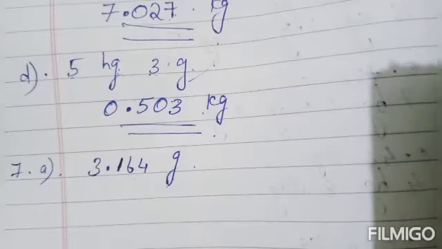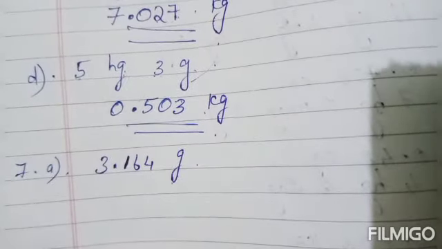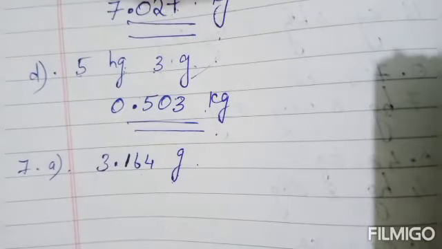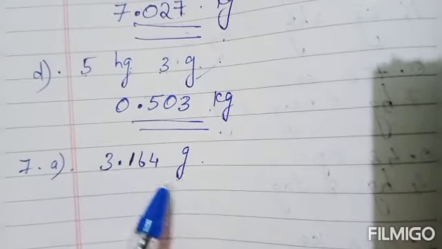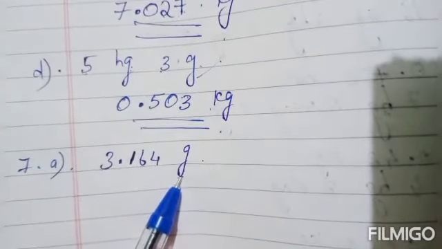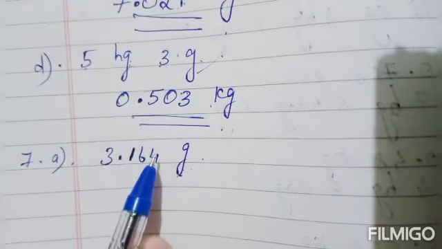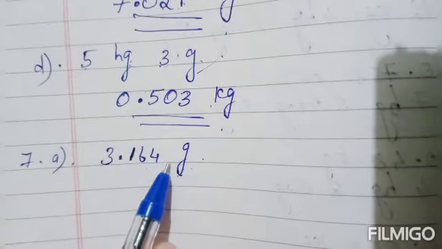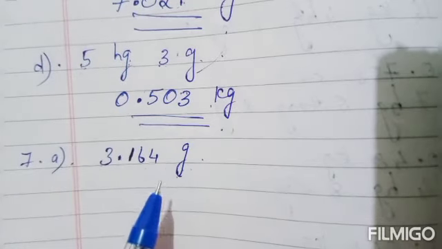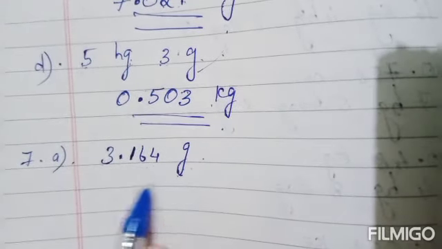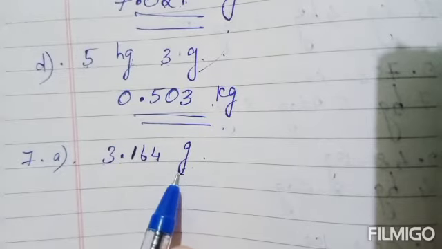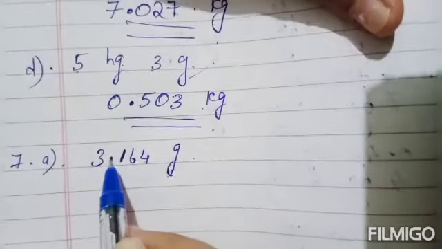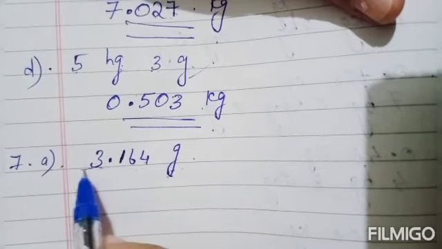Okay, next 7th question, express in gram, decigram, centigram, milligram. In that A, 3.164 gram. So the question is given in gram, you have to express this in gram, decigram, centigram and milligram. So when a decimal fraction is given with the unit gram, before decimal point it is gram.